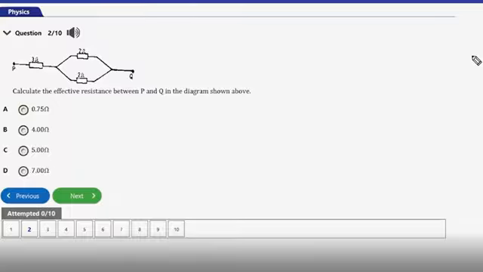For the resistors in parallel, these two resistors can be combined. Since it's 2 ohm and 2 ohm, we can resolve this by doing 2 times 2 over 2 plus 2. Since they are in parallel, R total is equal to 2 times 2 over 2 plus 2.